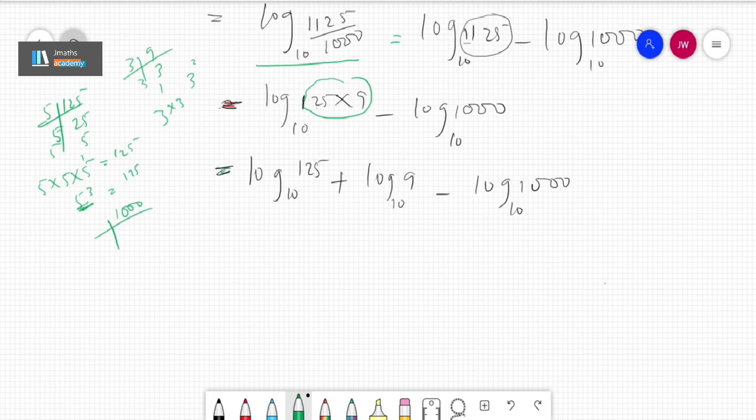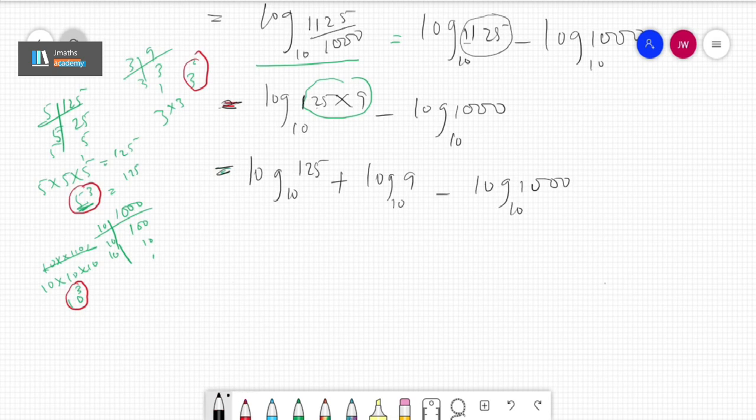So before I start substituting, let me break 1000 down. So 1000 divided by 10 is 100, 10, 10, 10, 1. So you can multiply 10 in 3 places. Let me write it down here: 10 multiplied by 10 multiplied by 10 gives me 10 raised to the power of 3. So I will substitute my value for 1000 as 10 raised to the power of 3, my value for 125 as 5 raised to the power 3, and my value for 9 as 3 raised to the power 2.